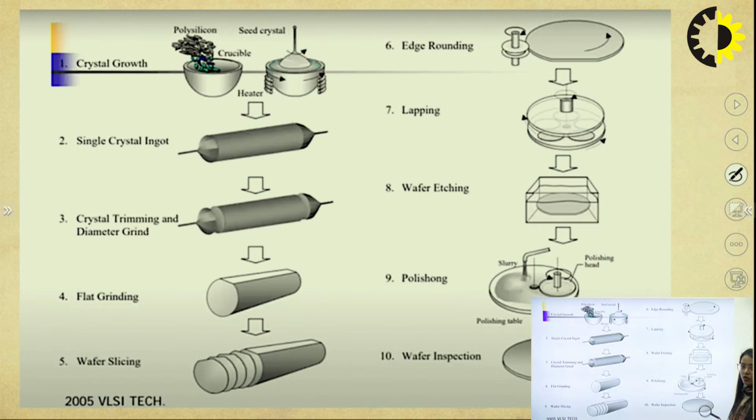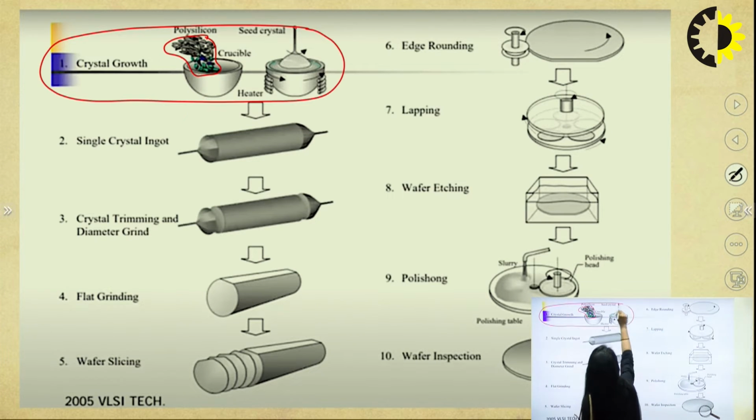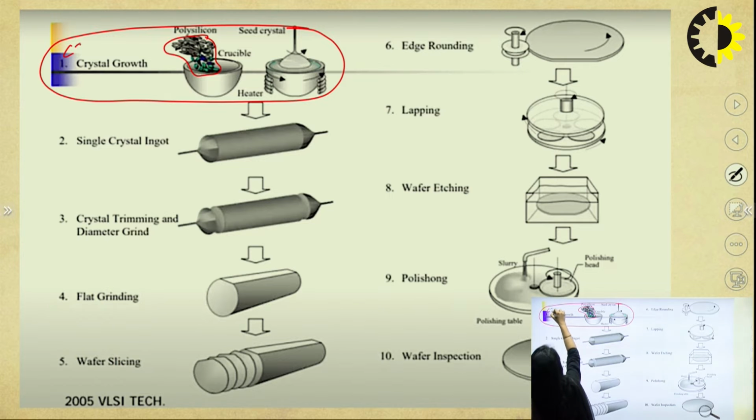Overall, we start from having crystals. These are the crystals, and when we follow this process, this complete crystal growth is the CZ process.